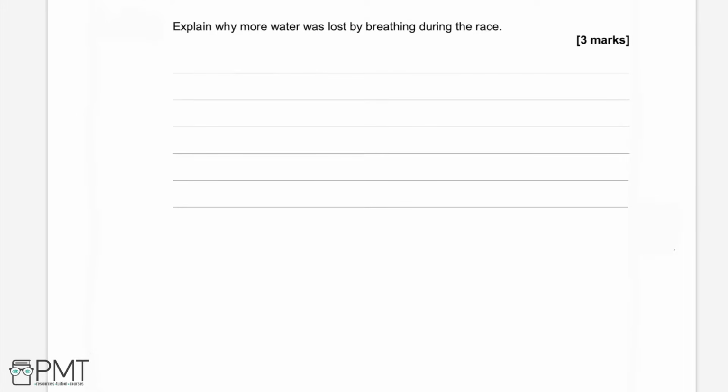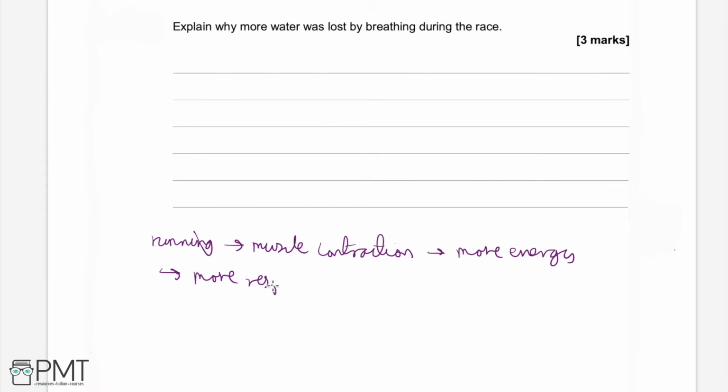Explain why more water was lost by breathing during the race. Let's think about what occurs when one runs. Well, when you're running, the muscles must contract, and this requires lots of energy. So more energy is needed. This energy comes from respiration, therefore a greater rate of respiration is required.